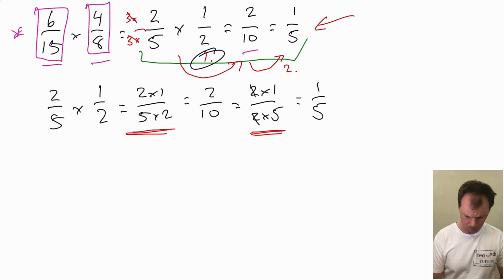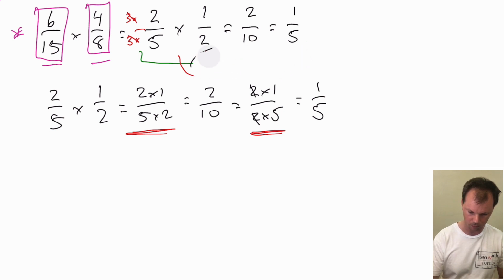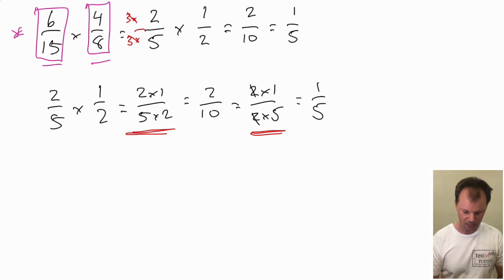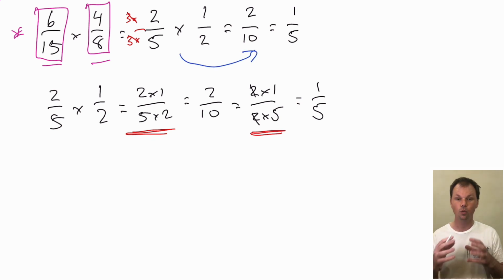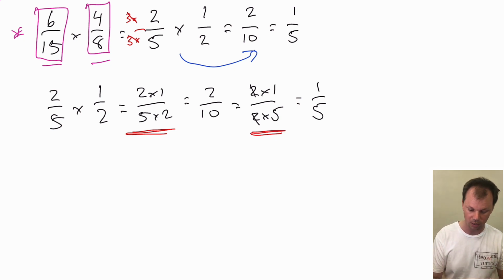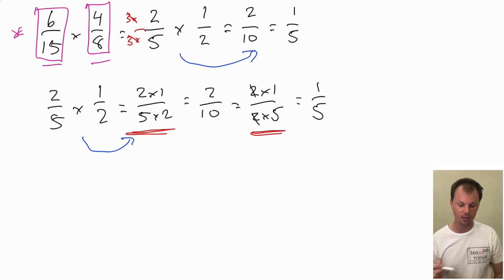So instead of, and let me just erase up here to make it a bit clearer, instead of this first step jumping from here to here, we can actually write it out like I've done below because it's going to save us some time, and I'll show you. If we write this out instead, you can see that the top and the bottom both have a 2 in it.